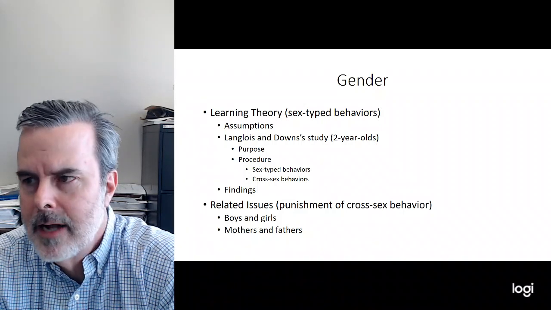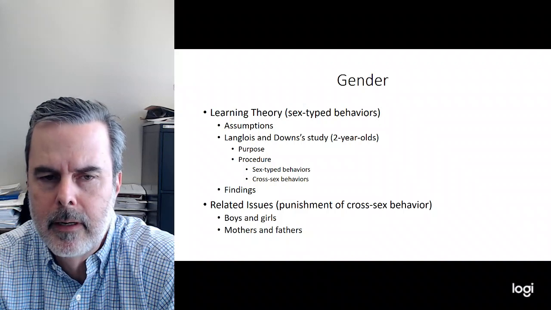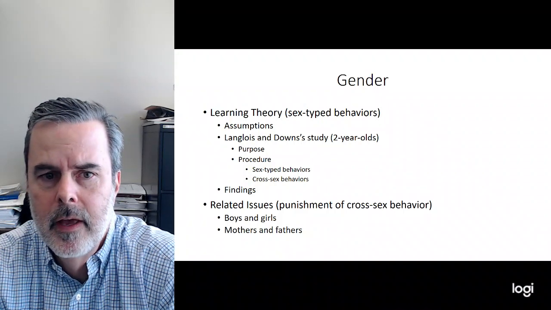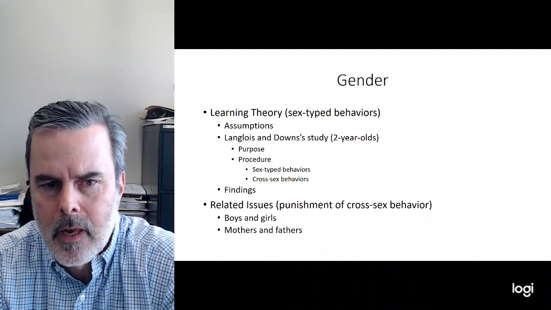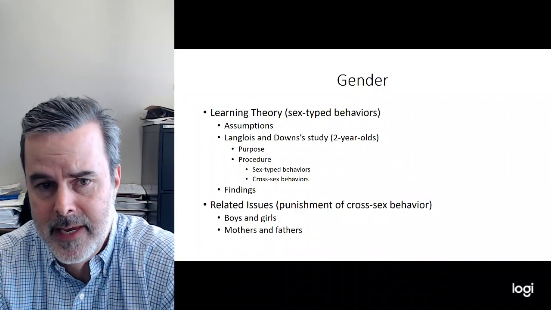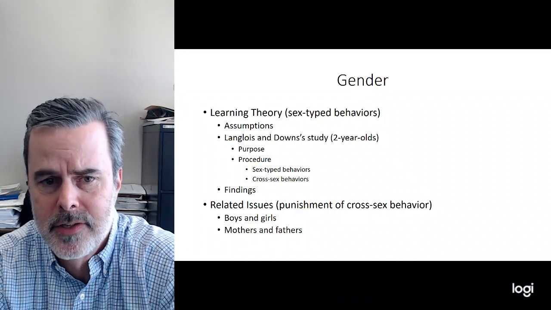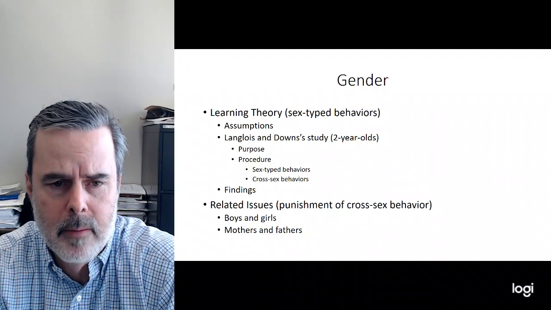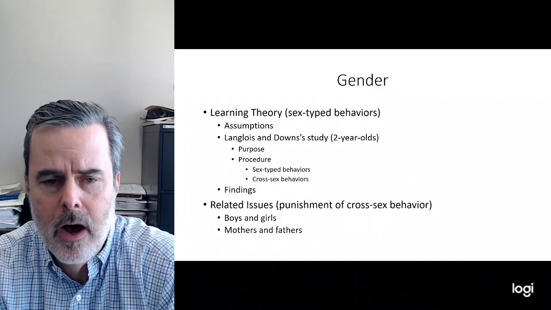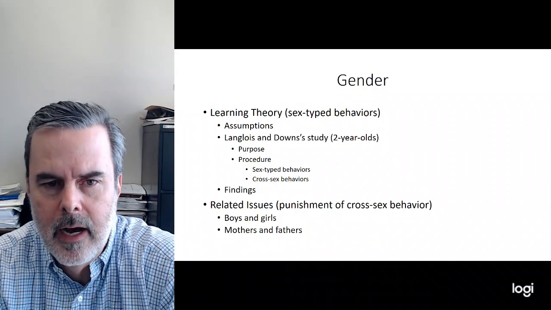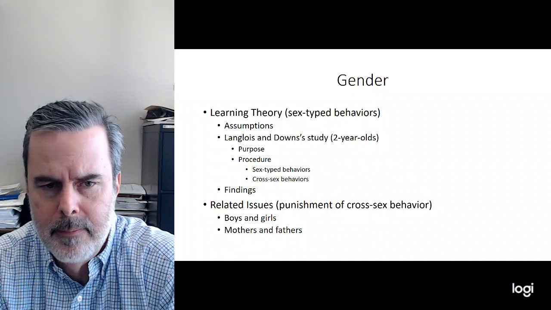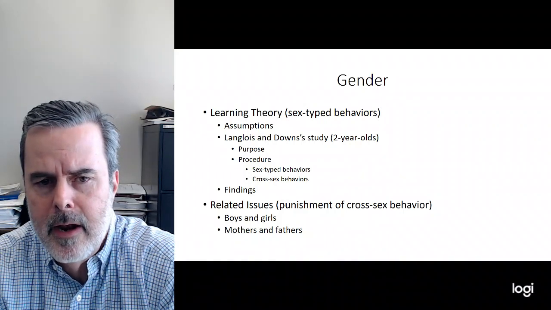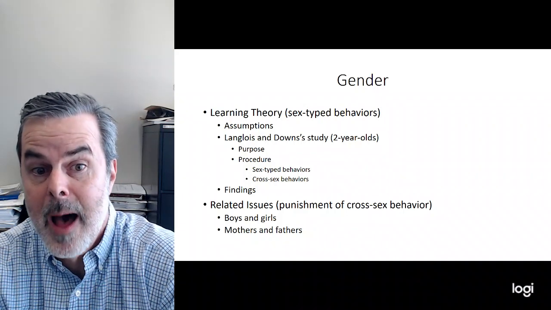And in contrast, the theory predicts that parents punish cross-sex behaviors in kids. Cross-sex behaviors are behaviors that are inconsistent with sex-type behaviors and are behaviors that are exhibited by the opposite sex.